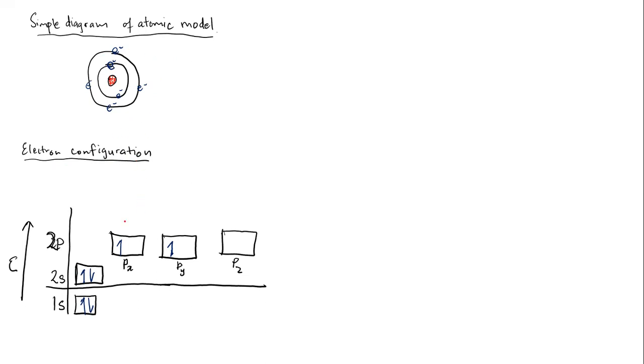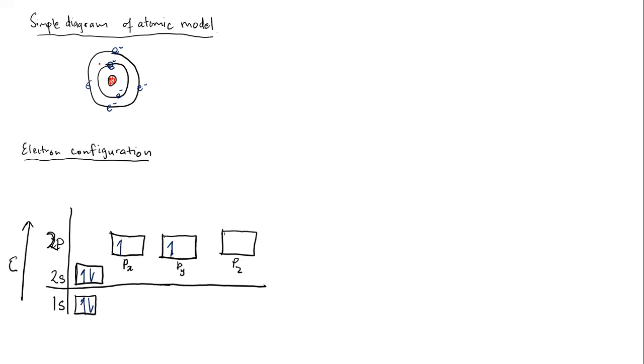Now, what atom am I looking at over here? This simple diagram of an atomic model, we know that the atom has particles. The centered particles are called the protons and the neutrons. And the particles that are found on the orbitals of an atom, we call them the electrons. Simple as that. But now the question is, what atom are we talking about here?